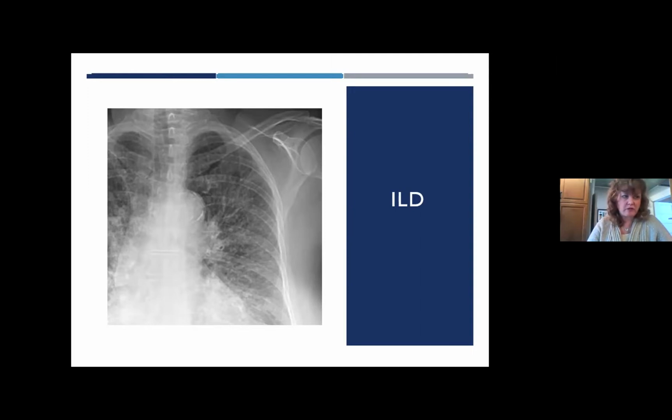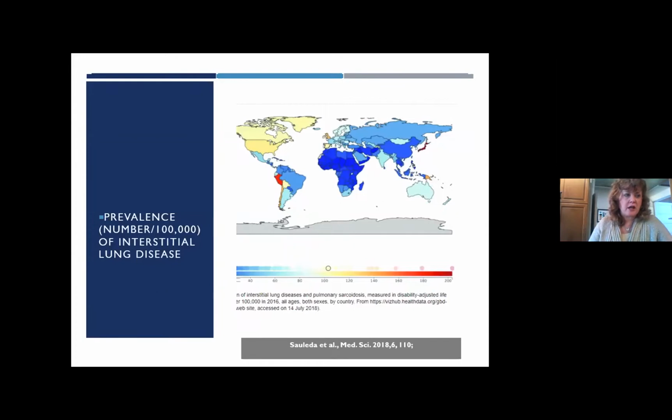It's a chronic progressive disease with a wide range of life expectancy because there's a wide range of disease severity within this heterogeneous group of over 200 different diseases.